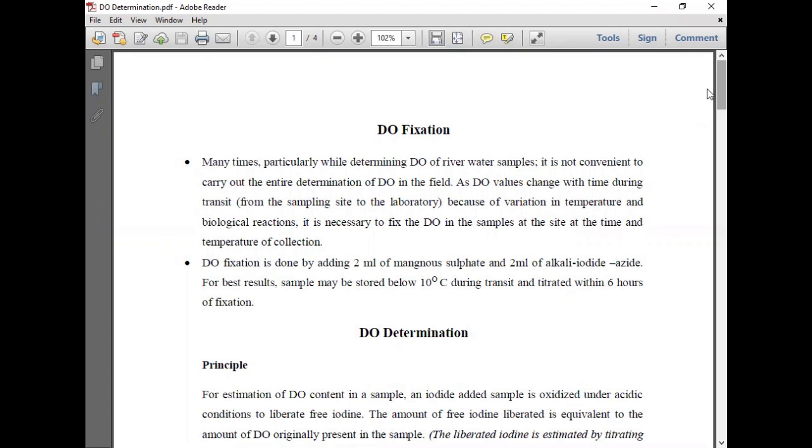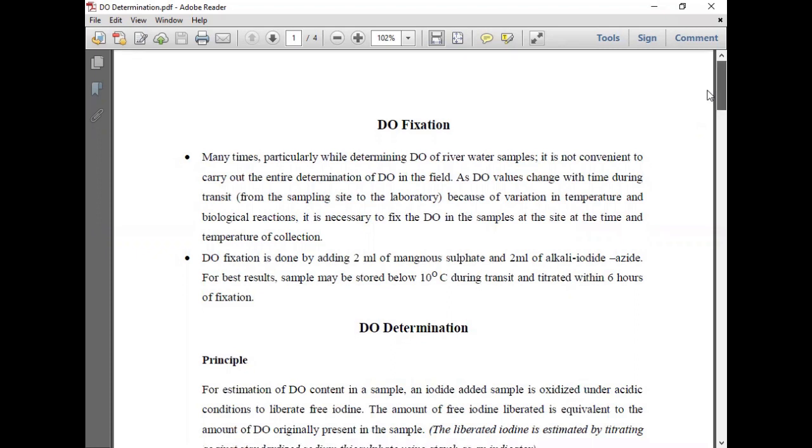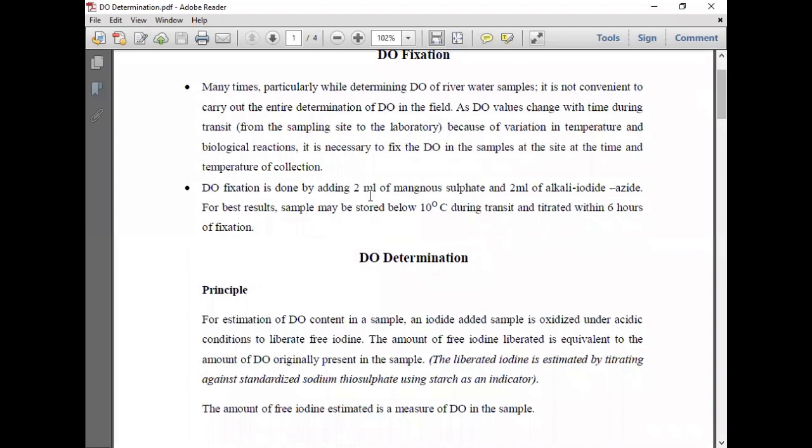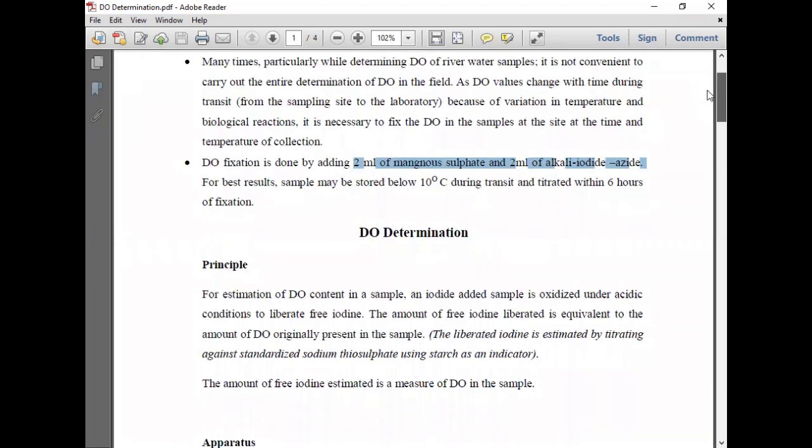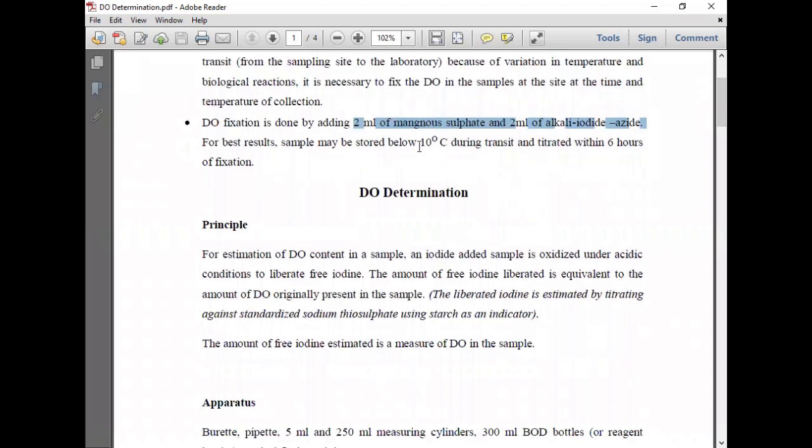So what we normally do is we fix the DO at the site by adding 2 ml of manganese sulfate and 2 ml of alkali azide in 300 ml of water sample. By this particular process, we fix the DO. Again, we'll have to maintain 10 degrees Celsius during the transit, and we'll have to find out the DO within 6 hours of fixation only, right?